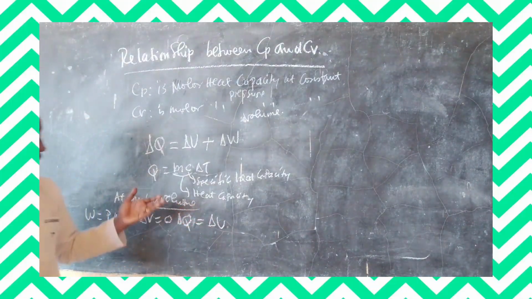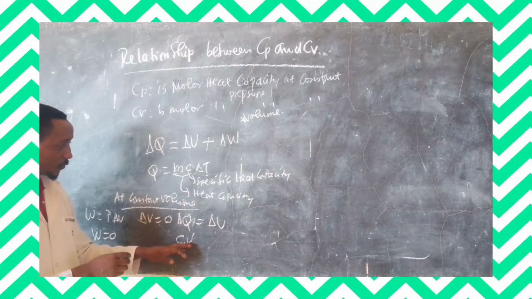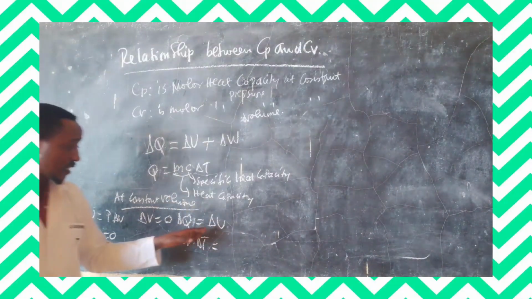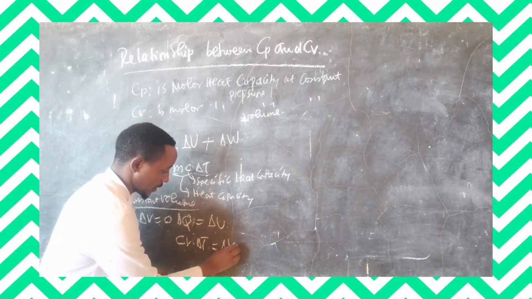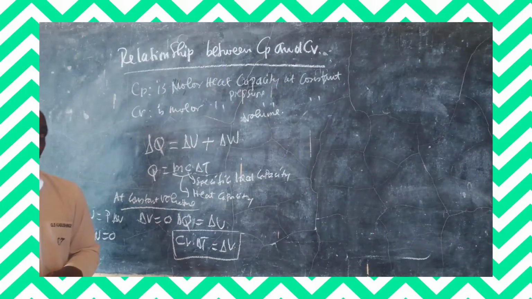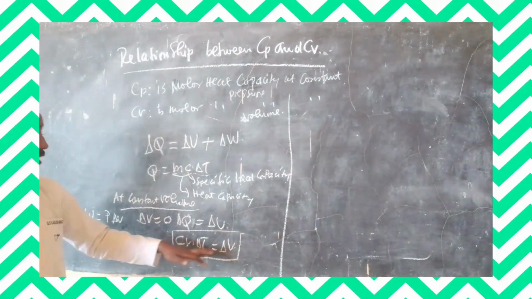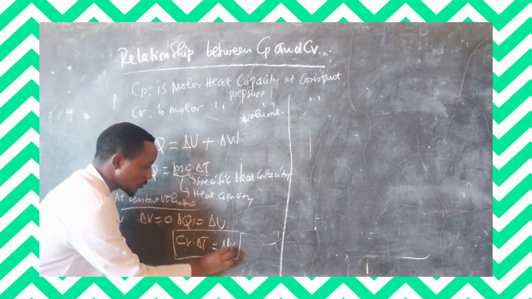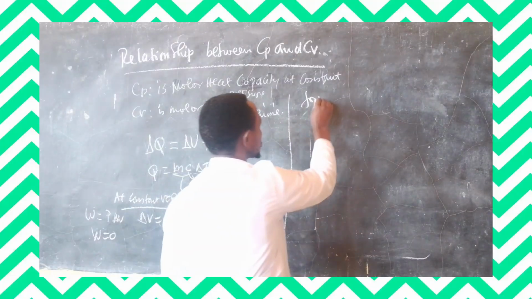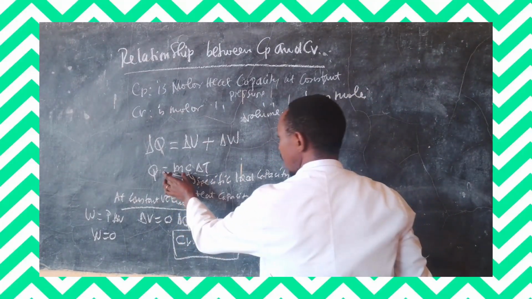By substituting, it means that Cv times dT is equal to the change of internal energy. So the internal energy at constant volume depends on the temperature, and also depends on the mass.